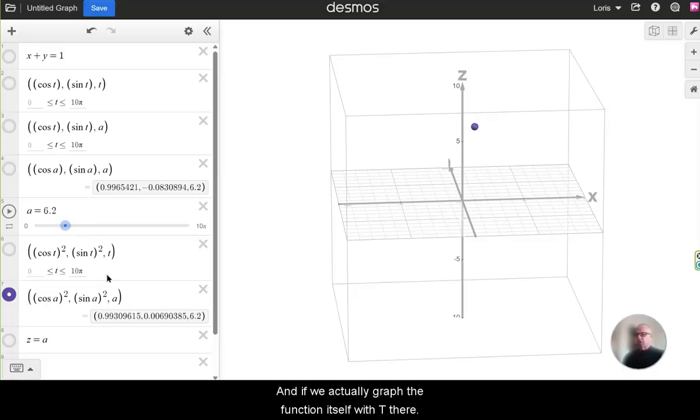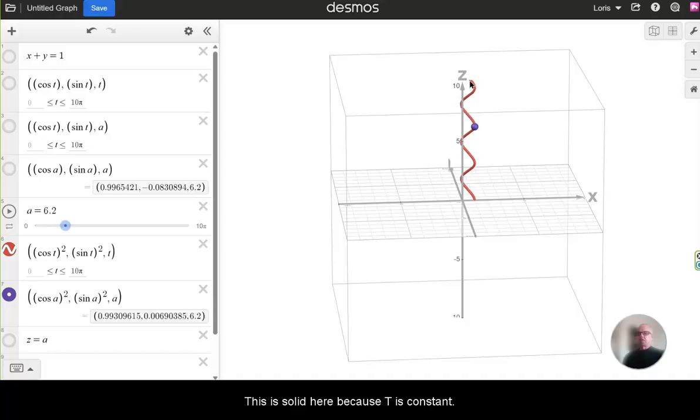And if we actually graph the function itself with t there, it's basically the red one here, the sine curve, basically a sine type curve. This is solid here because t is constant, okay?